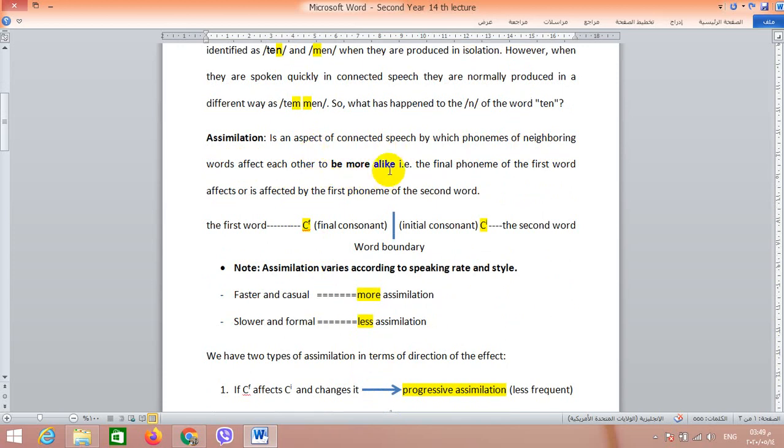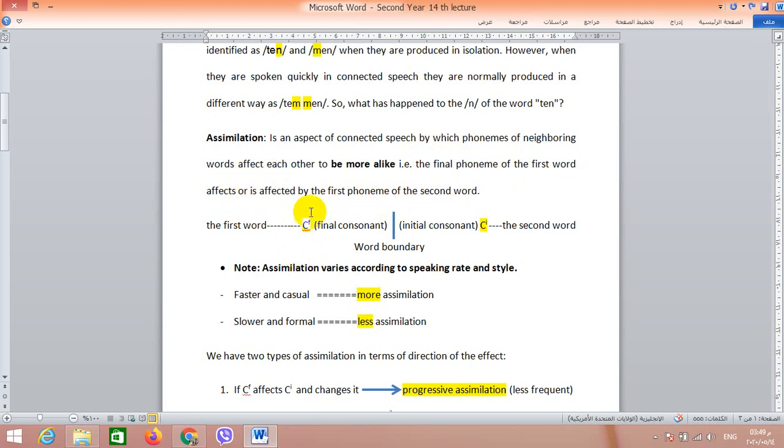When we say more alike, it means that the phonemes we are talking about are different in one way or another, and because of assimilation they become similar to each other. They are different, we apply assimilation rules, they become what? They become similar to each other. So we are talking about two phonemes. One is the final phoneme of the first word, which can affect or can be affected by the first phoneme of the second word.